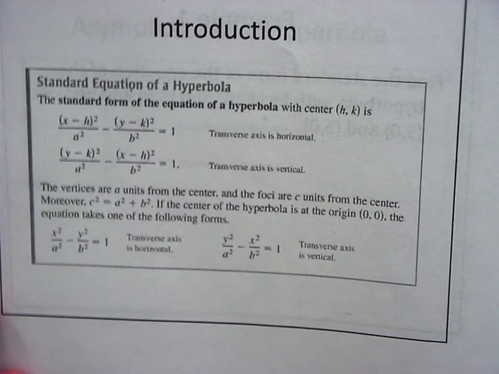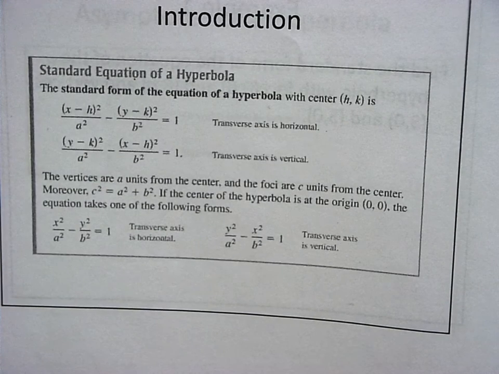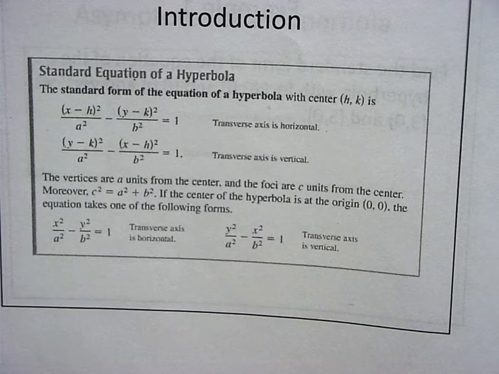Now, equation-wise, the formula looks almost the same, except because it's a minus sign, the order you write this in matters. The size of the denominator is actually irrelevant here. It's just whatever fraction is positive that's going to determine horizontal versus vertical.